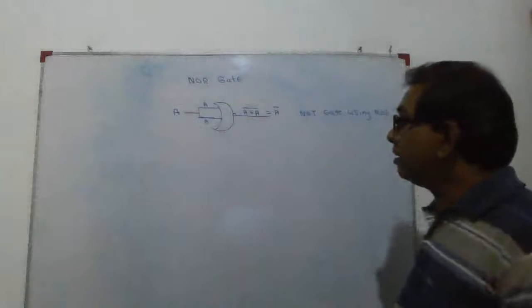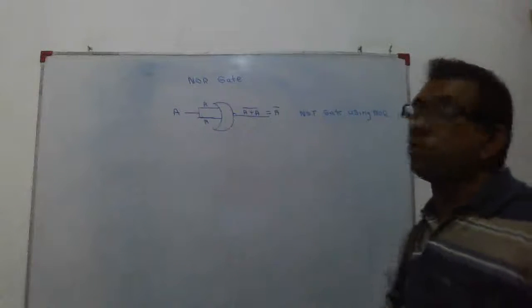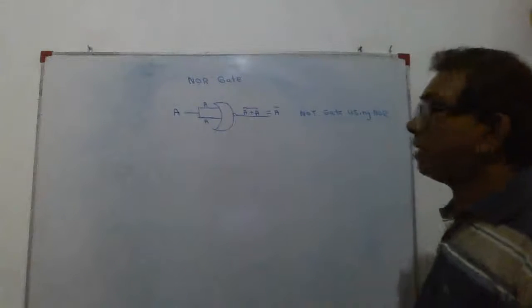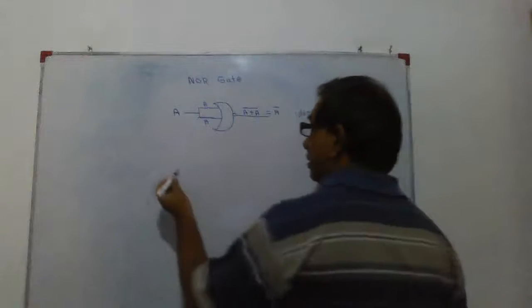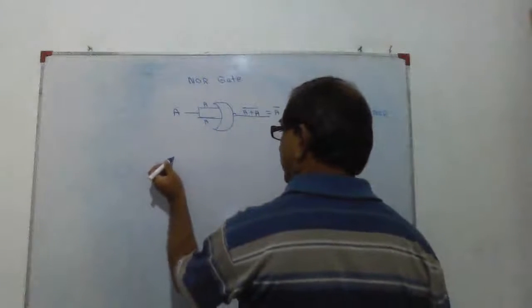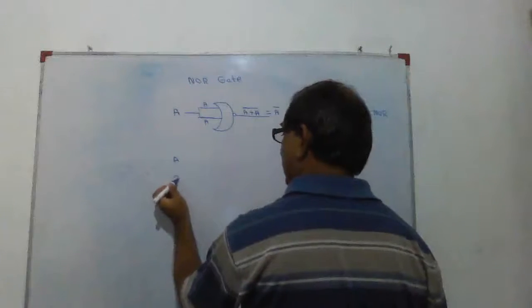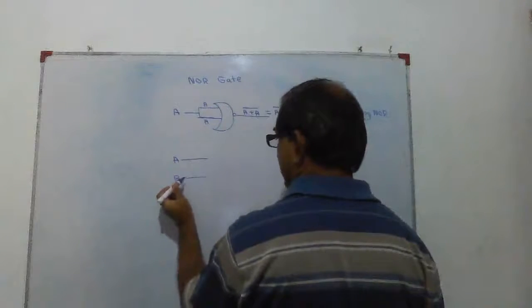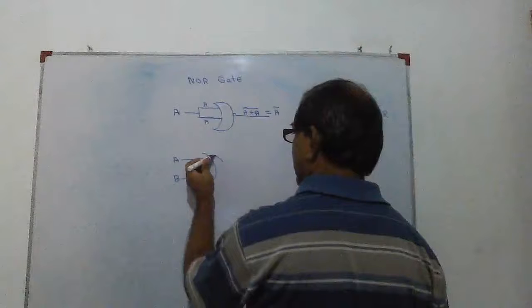Why? We need only two NOR gates in order to get the OR gate. So it is easy. Now we get two variables A and B input values. We have a NOR gate here.